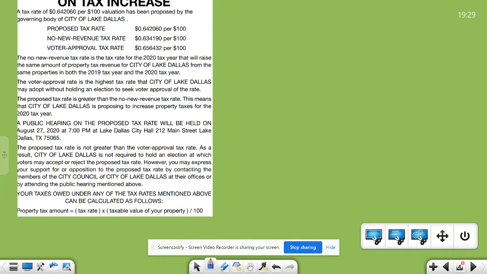Property tax amount equals your tax rate times the value of your property, divided by 100.